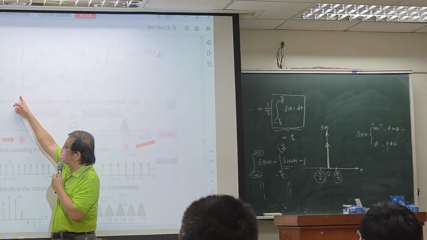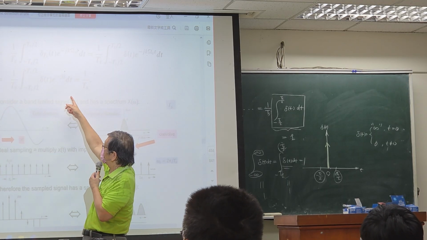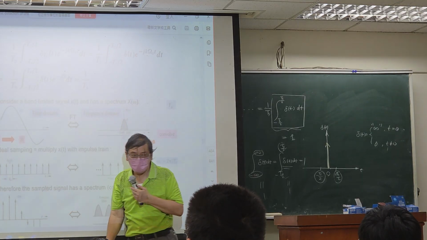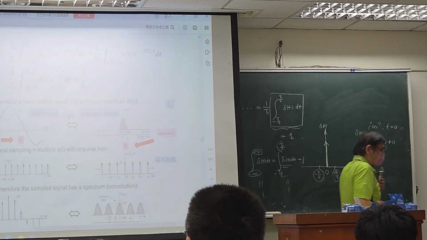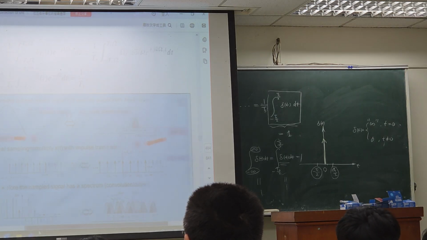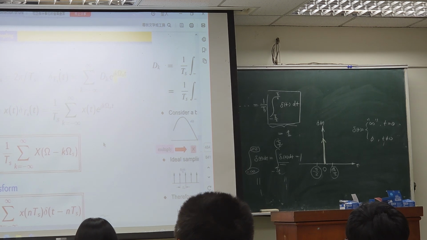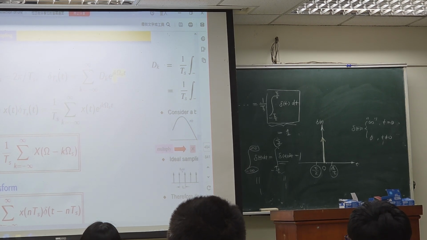So we have 1/Ts times the integral of the delta function, which is 1. So that's equal to 1/Ts. Now we have an important result over here.